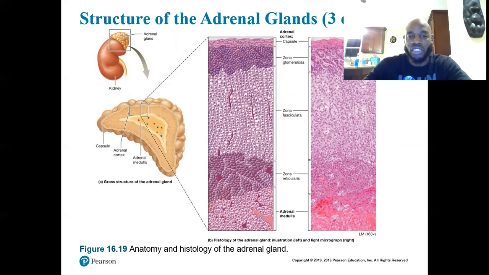And this is the adrenal cortex surrounding the inner adrenal medulla. Adrenal cortex, typical endocrine gland, adrenal medulla, neuroendocrine. Okay, and you notice that it's right on top of the kidneys.